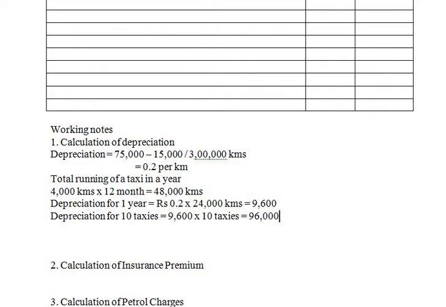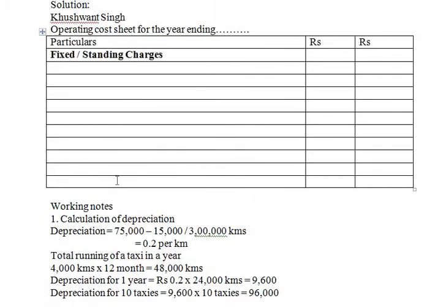Hope everybody is understanding. Now go through the chart statement. Here depreciation, note number 1, in the inner column 96,000. Is that clear? Hope everybody is understanding.